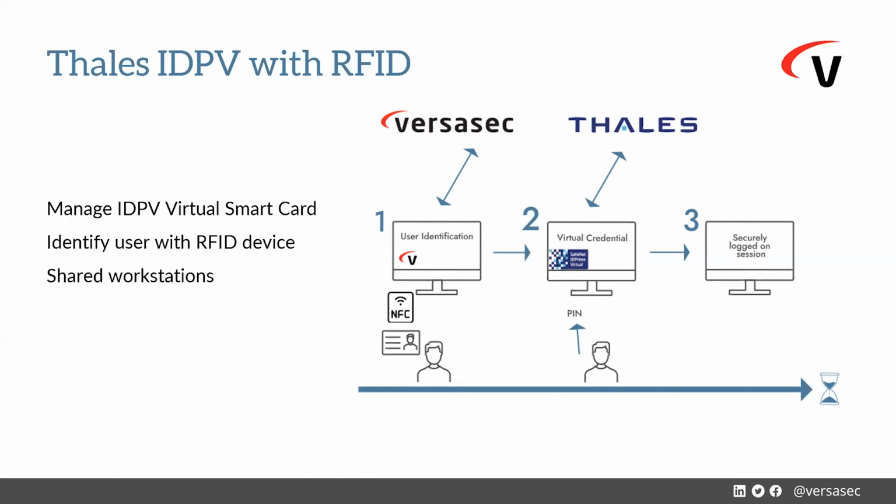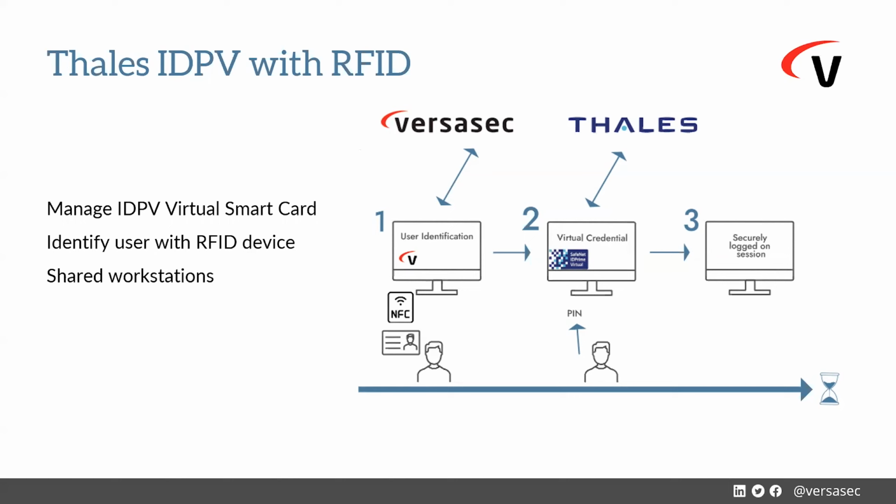The Thales IDPV with RFID, that is ID Prime Virtual Smart Card with RFID, is an innovative solution that combines the virtual smart card technology with RFID functionality. The IDPV smart card is securely stored on a server, and it can be loaded onto a PC when the user attempts to log into that device.